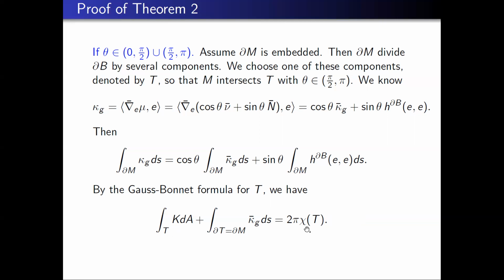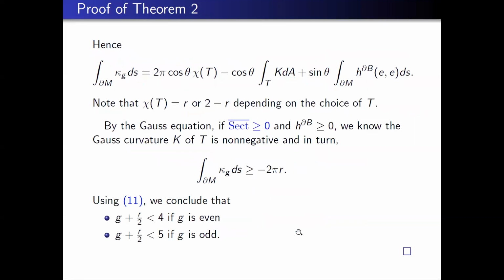Here is the Euler number of T. So we have this equation. Note that the Euler number of T equals r or 2 minus r, depending on the choice of T.